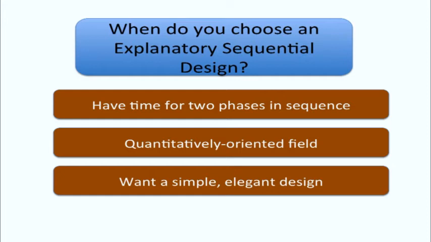So you're really building on your quantitative perspective that emerges through the first phase. I think people also use this because it's a very elegant, simple design. It simply makes sense that if you collect quantitative data, it's helpful to follow up qualitatively to explain some of those statistical results. And so it's seen as a fairly straightforward, elegant design.